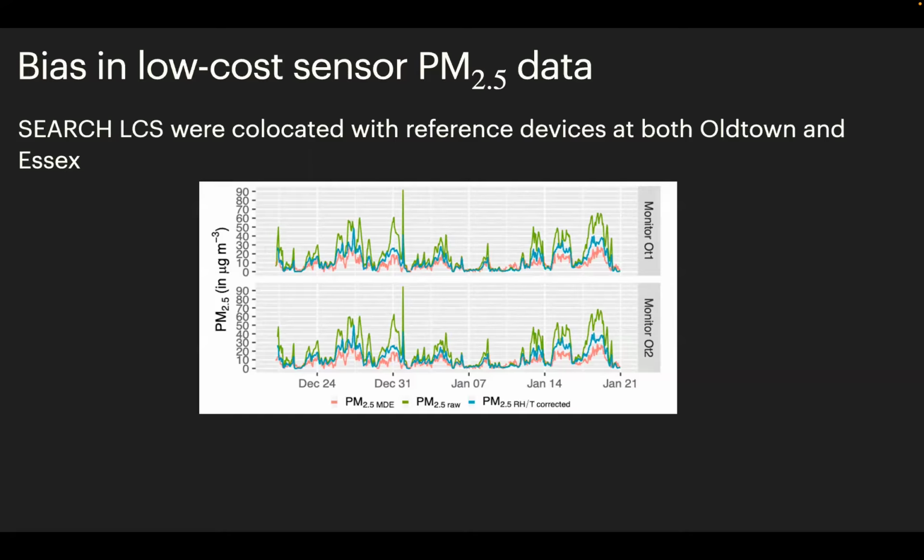That's the basic relative humidity and temperature correction. You can see that the raw measurements significantly overestimate the concentrations, but even after the lab correction, we are still overestimating quite a bit. So even after the lab correction, this is not data that you can use in downstream analysis. It's highly inaccurate.